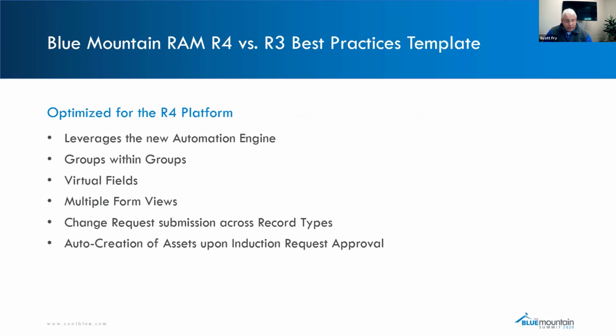So as I mentioned, we added this new automation that's been deployed to the best practices template. We've really leveraged this deep within the configuration. By doing this, we're able to automatically move states within a workflow with no user input using this automation engine.